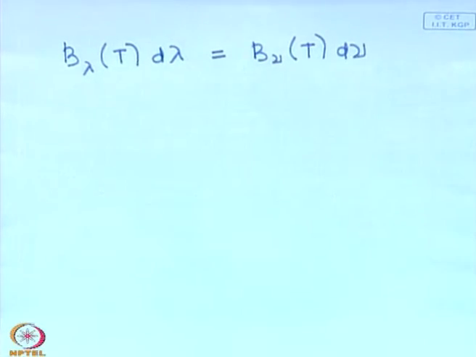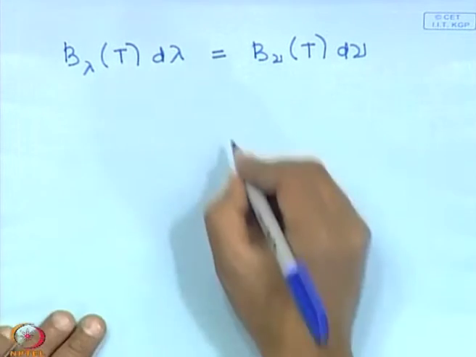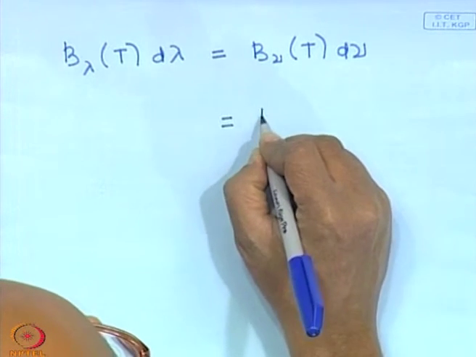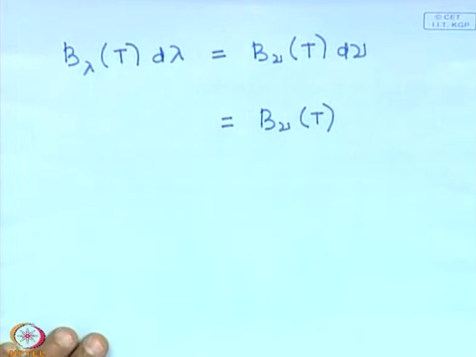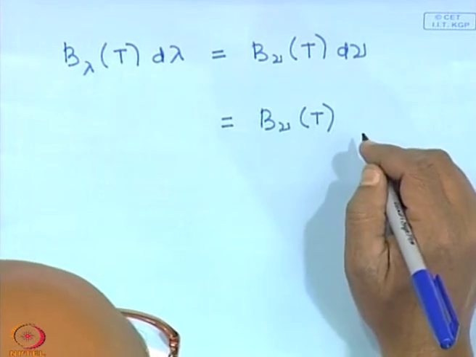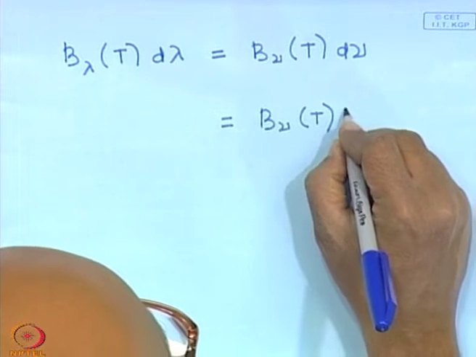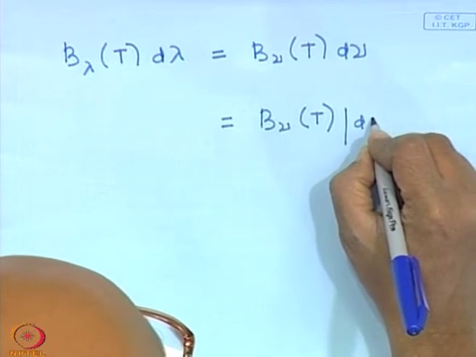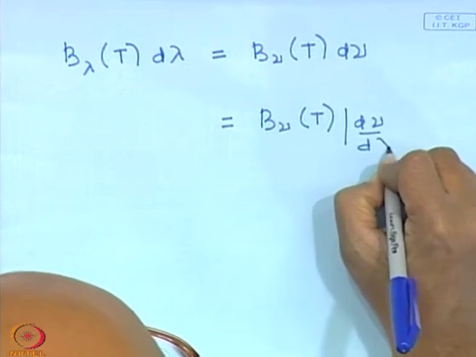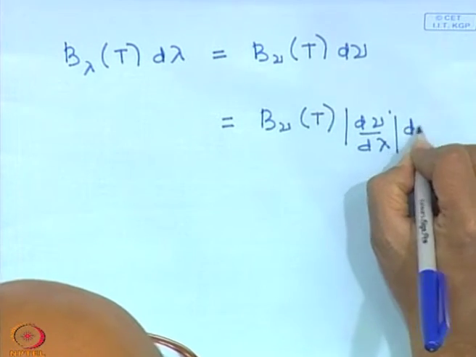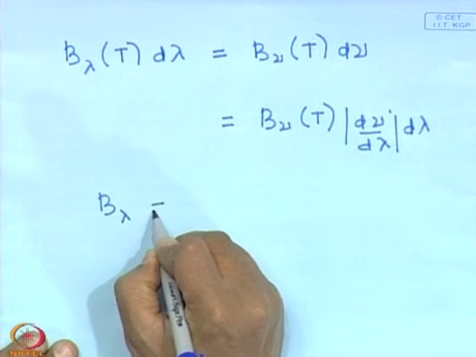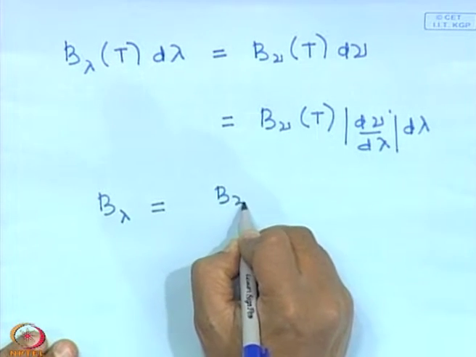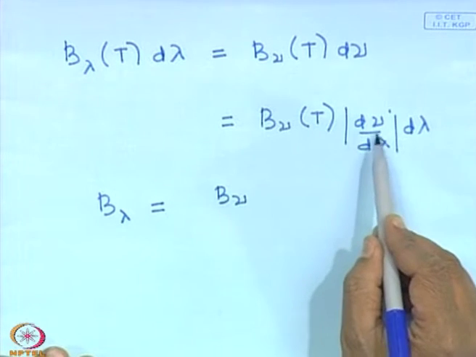The same energy is contained in the corresponding wavelength interval, and we know that we can write this as the mod of d nu by d lambda.